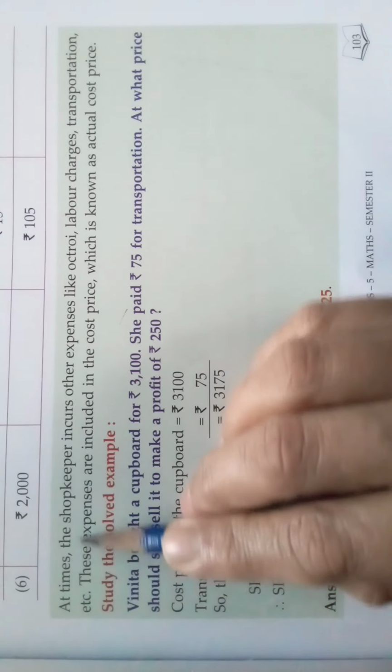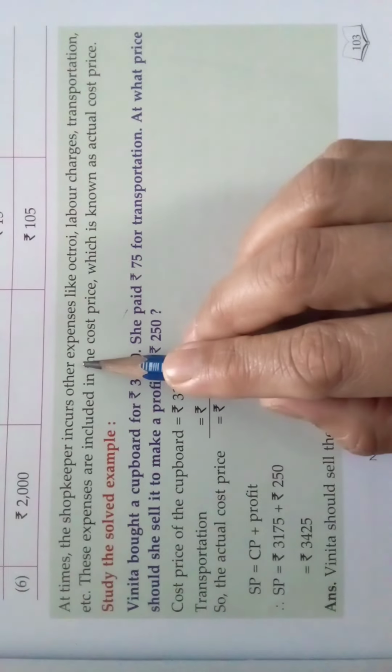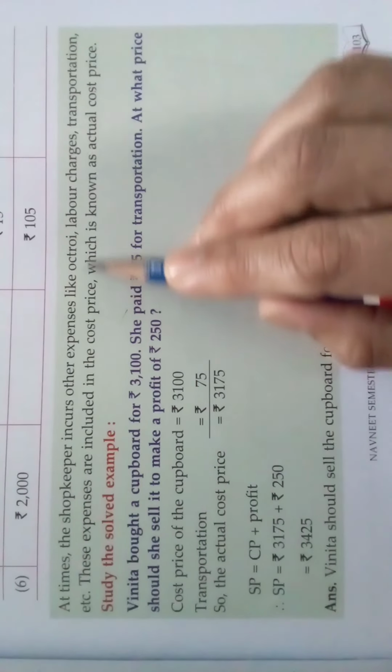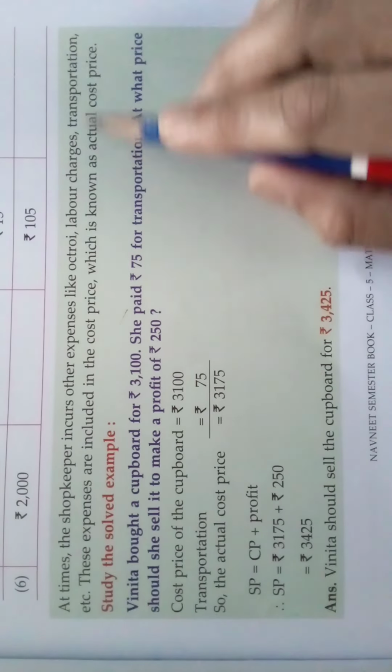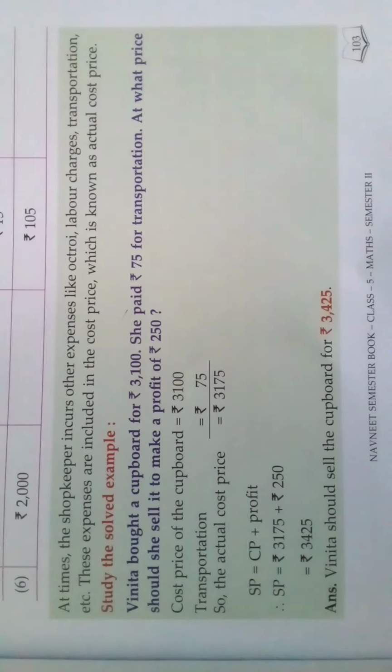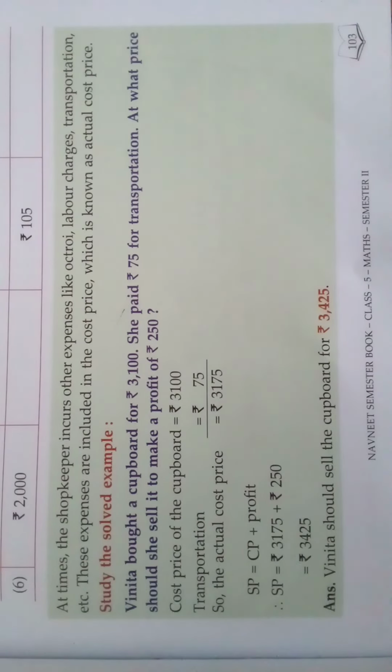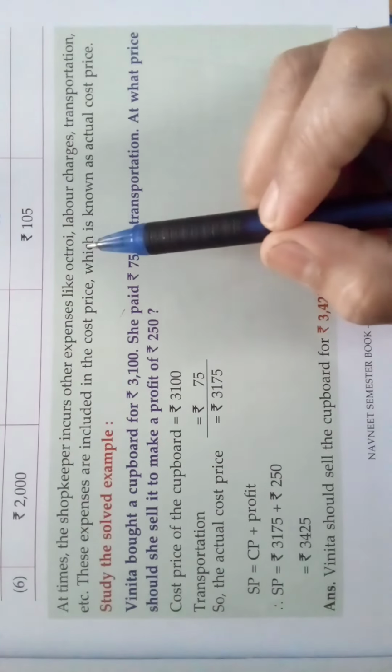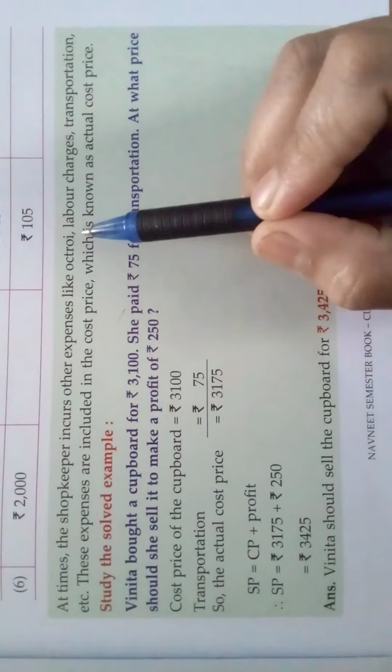See, at times the shopkeeper incurs other expenses like octroi, labor charges, transportation, etc. Sometimes the shopkeeper will include the tax with the actual cost price. Octroi is nothing but the tax.